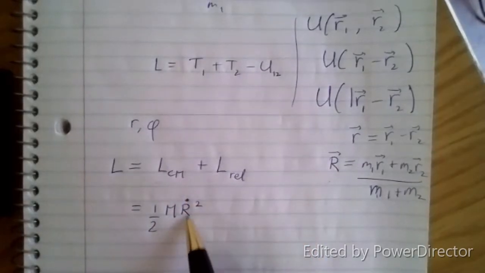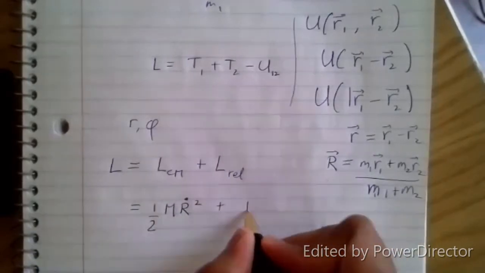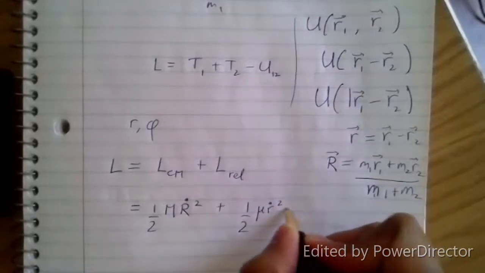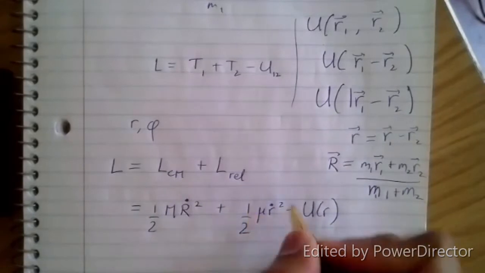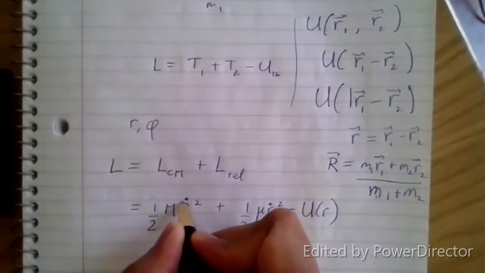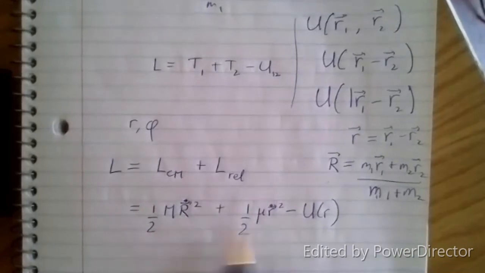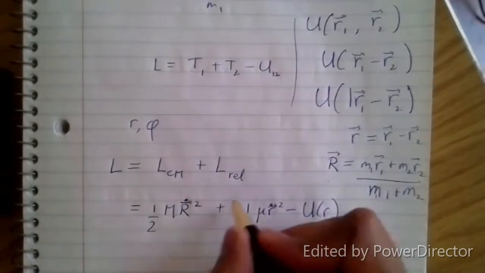So we have 1/2 big M, being the total mass, R dot being the velocity of the center of mass, squared. And then here for the relative portion, we have 1/2 mu r dot squared minus U of r. And I should clarify, sorry, these first two are vectors, right? This one is just the scalar quantity r.